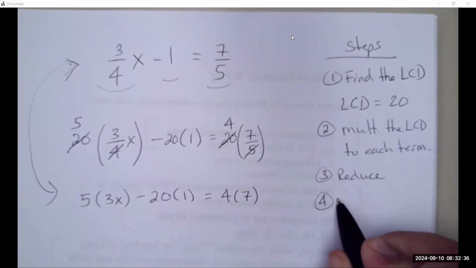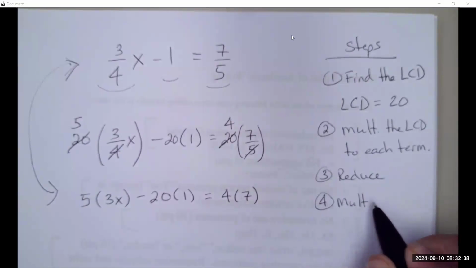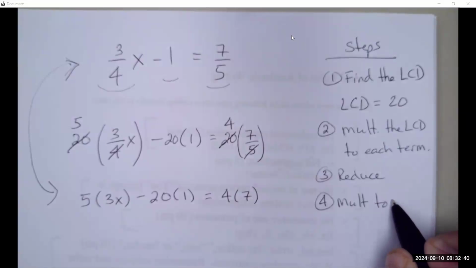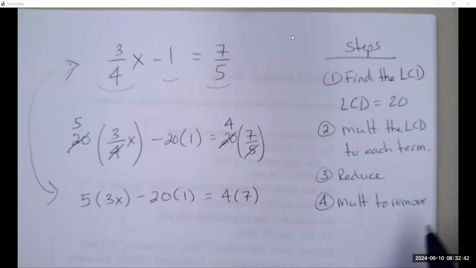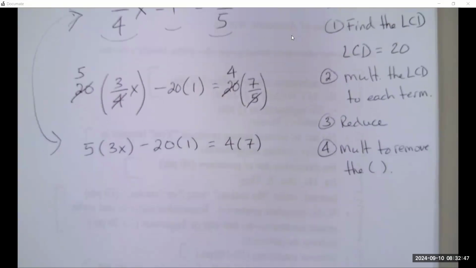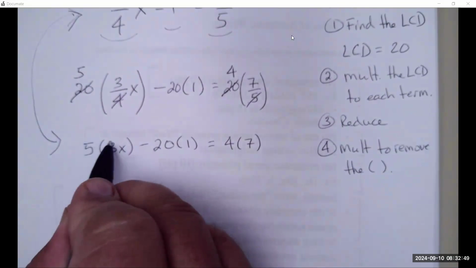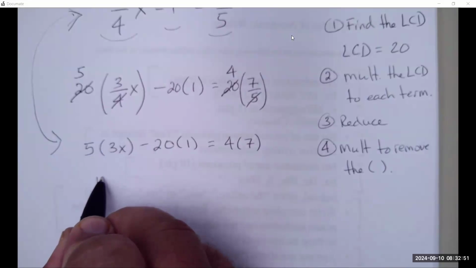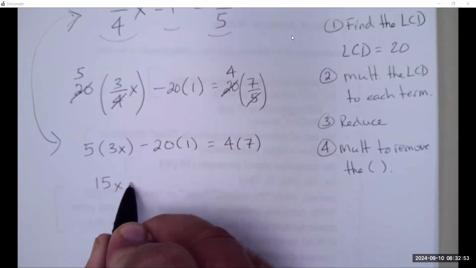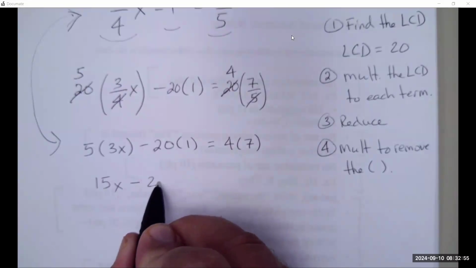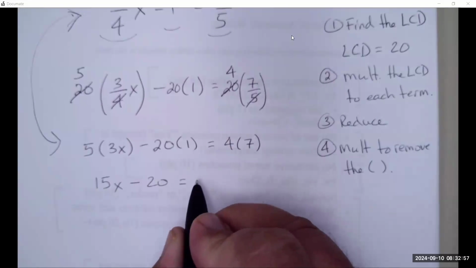Step 4 is multiply to remove the parentheses. 5 times 3 is 15. Minus 20 times 1, 4 times 7.